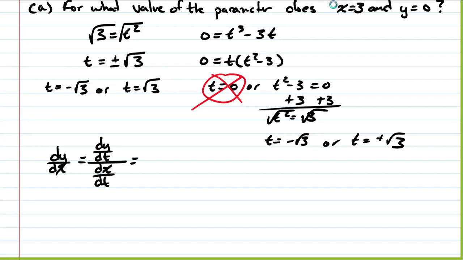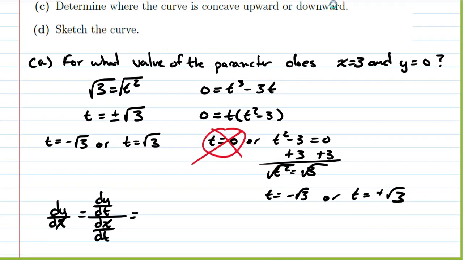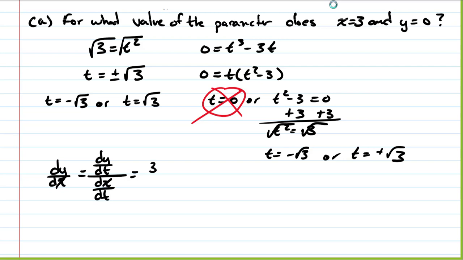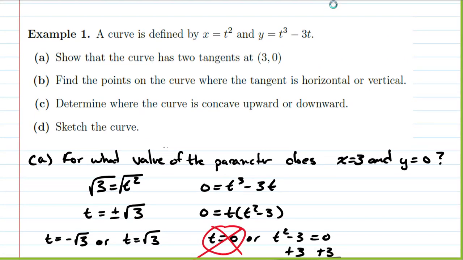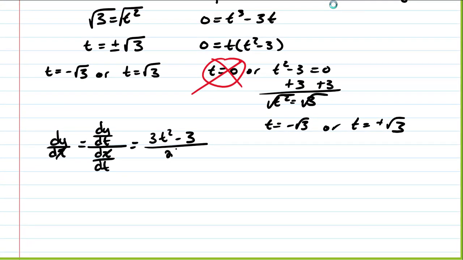So our dy/dt is going to be 3t squared minus 3. And our dx/dt, the derivative of t squared, is going to be 2t.